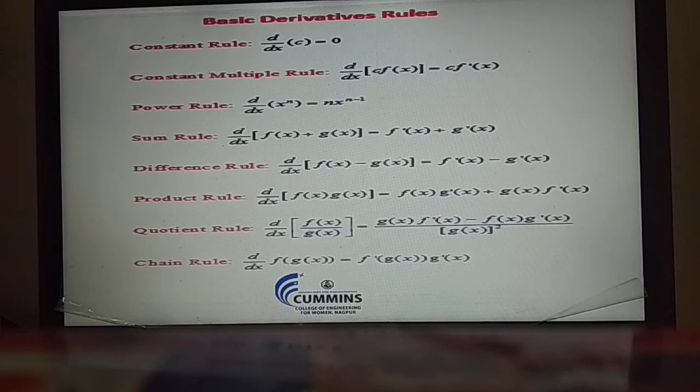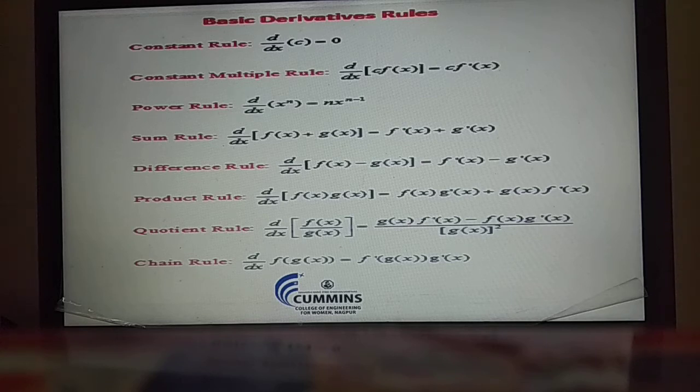So here we first know the basic rules to solve different types of examples for the derivative. Constant rule: here c is considered as a constant. So d by dx of c is equal to 0. Constant multiple rule: here a function is multiplied by a constant. At that time the result is not 0.